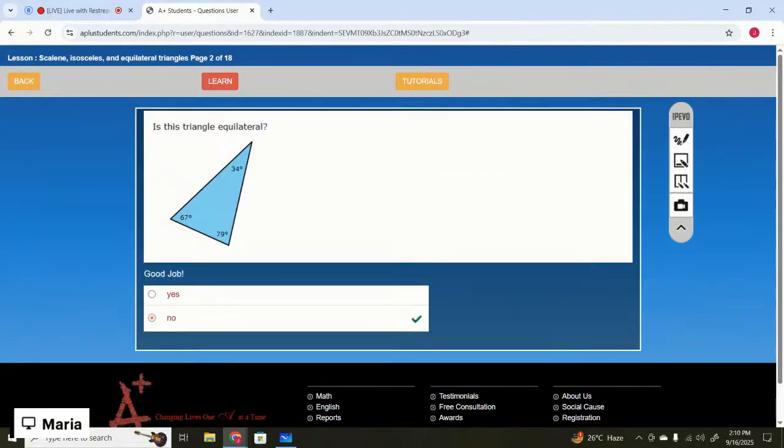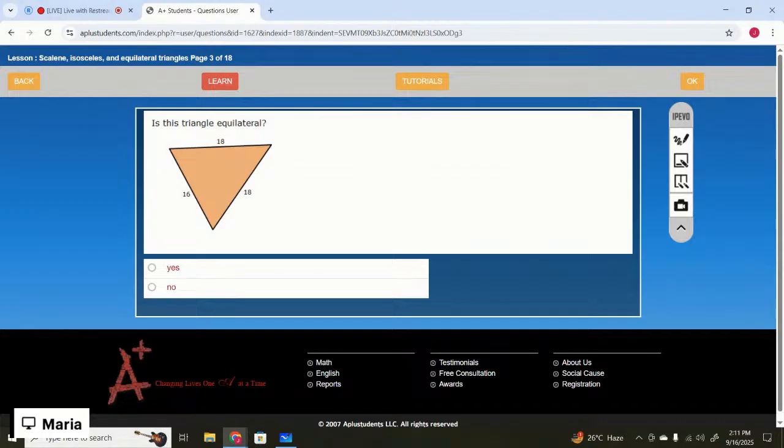Option number two is the correct option. Equi means all of the three sides are exactly equal, right, in measurement. Is this triangle equilateral?